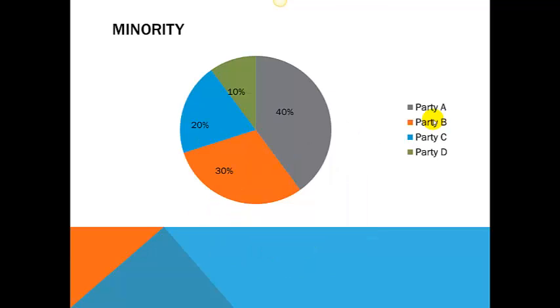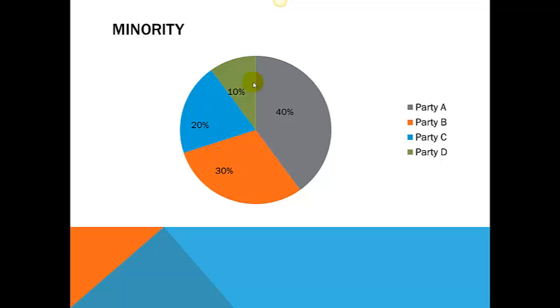Another form of government that we can take a look at is what's called a minority government. And a minority government has happened several times in Canadian history. A minority government is formed when a government has the most seats or percentage, but has less than 50. So for example here, if we look at our parties, we have Party A, B, C, and D, with Party A having 40%, Party B having 30%, Party C having 20%, and Party D having 10%.